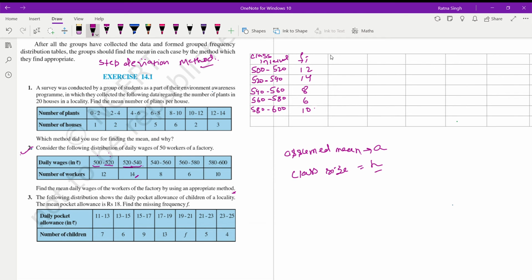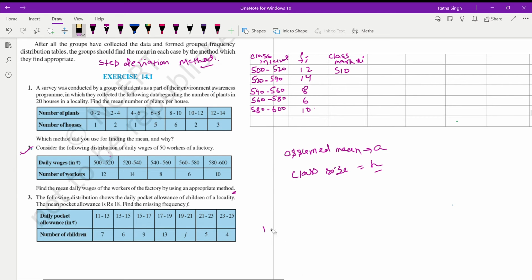Now I'll write the class mark, which I denote by Xi. In my previous video I have discussed how to find the class mark. To find the class mark, we just add the upper class limit and the lower class limit and divide by 2, which is 510 for the first.